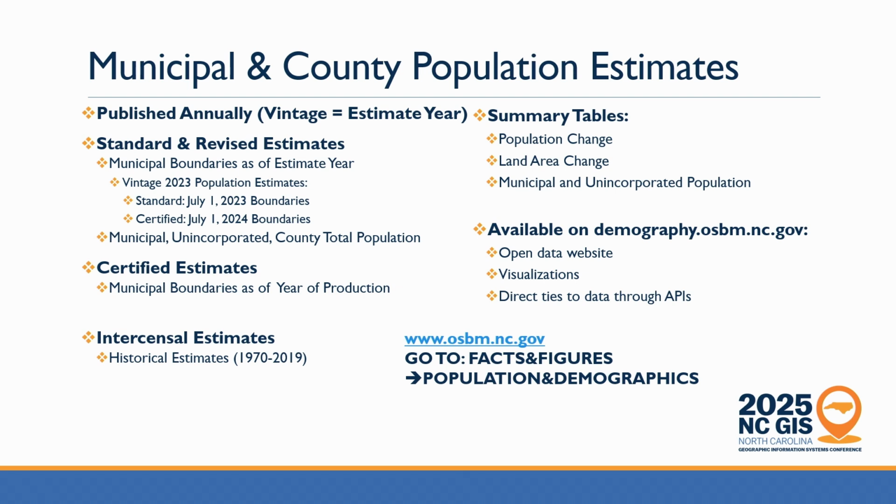Certified just means that it's the population as of the July 1st, 2025 municipal boundary, but that's still the same population estimate for most cities and counties. For areas that are annexing a lot, that can be different.